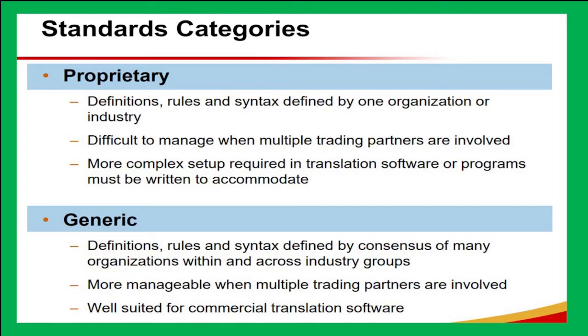That's why most people prefer to buy Android phones compared to Apple phones, because many apps are available and those can be integrated with many applications as well as software. So it is well suited for commercial translation software.